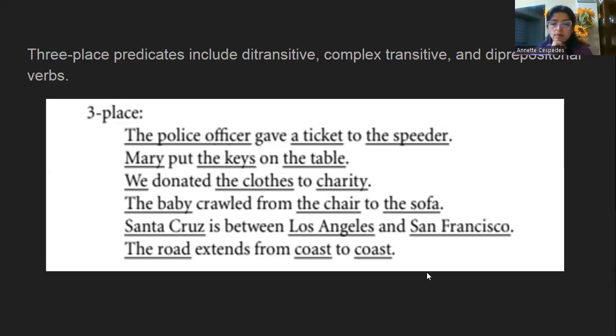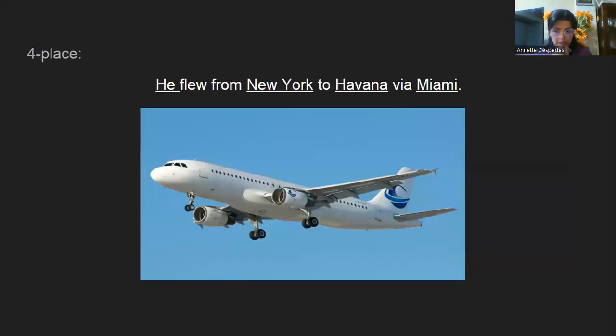The baby crawled from the chair to the sofa. Santa Cruz is between Los Angeles and San Francisco. And the road extends from coast to coast. As you can see here in the examples, we used the transitive verbs, complex transitive, and so on. Now, the fourth place, we have just one example here. He flew from New York to Havana via Miami.